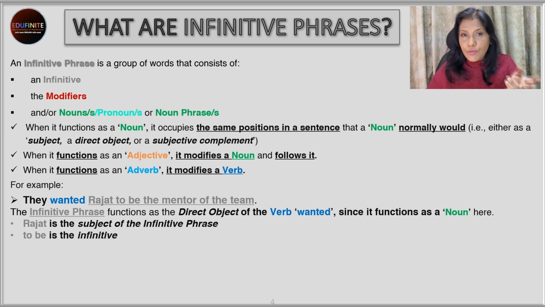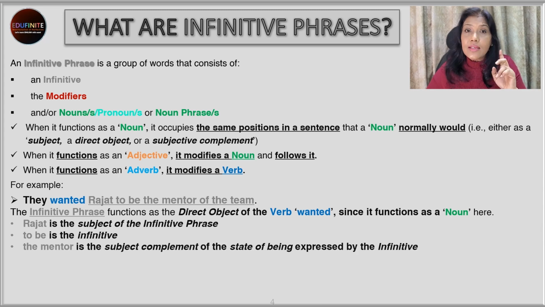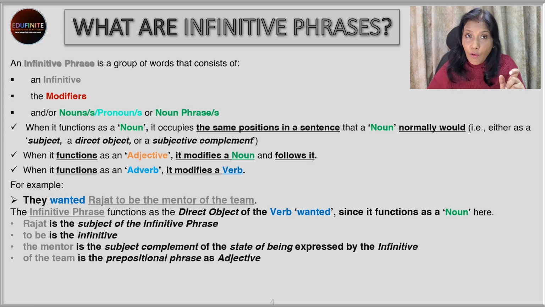And of course, to be is the infinitive and the mentor is the subject complement of the state of being expressed by the infinitive. And of the team is the prepositional phrase, of course, of is the preposition. And what does it do? It is acting as an adjective. Why? It is telling us the mentor of what? Of the team. So it is modifying the noun mentor, so it's acting as an adjective.